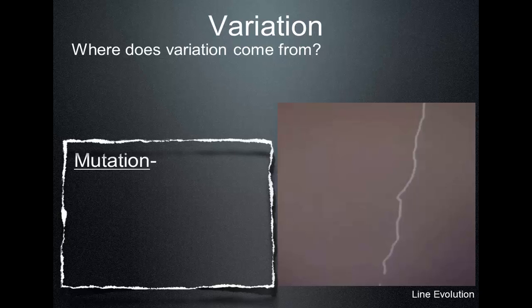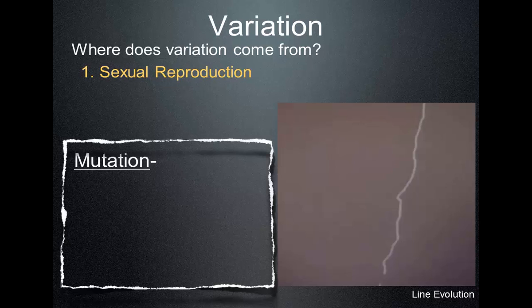Variation comes from, first, sexual reproduction. Because when organisms reproduce sexually, there's the mixing of genes from two different parents, and traits get shuffled around. Like we said, you're not identical to your mother or your father.